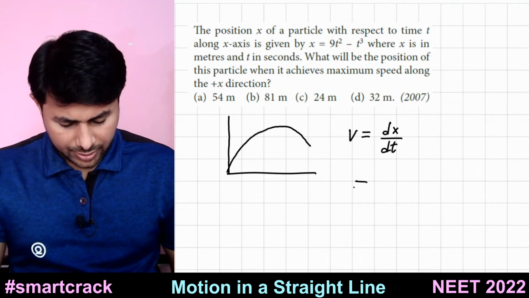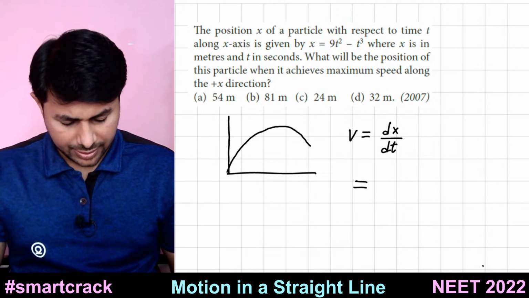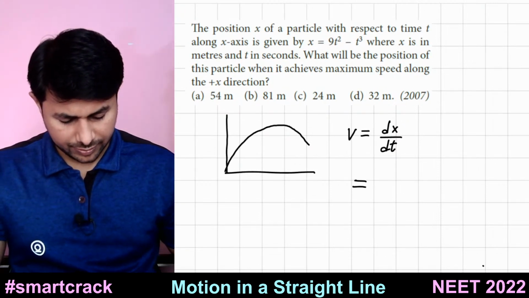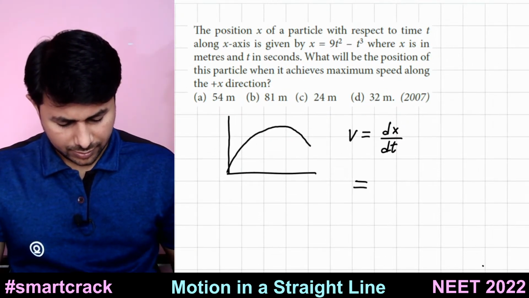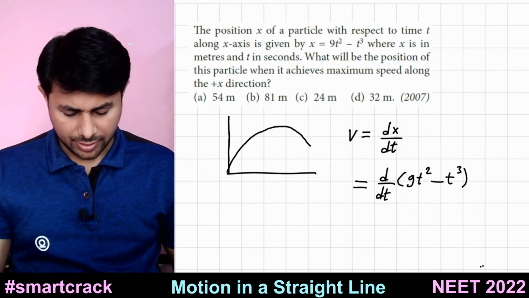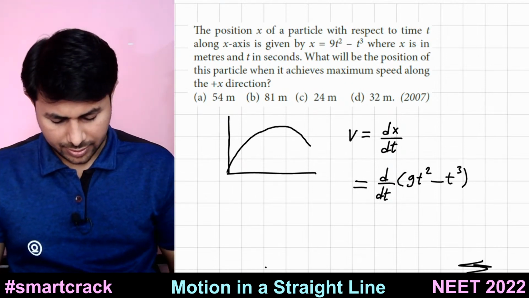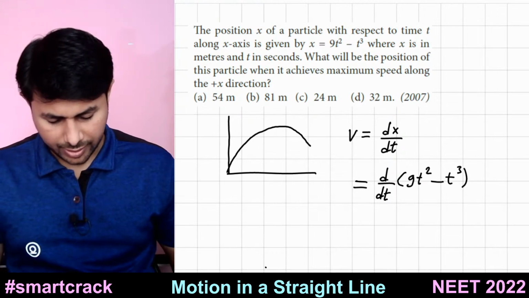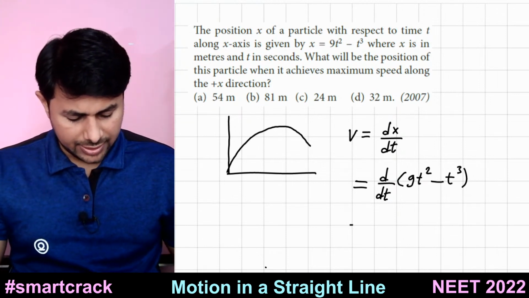Okay, so velocity is, I'm sorry, it is d by dt of what? 9t square minus t cube. Okay, and then you can take this derivative.